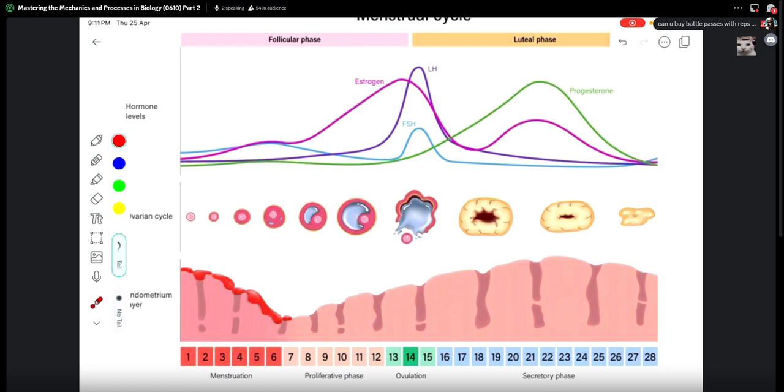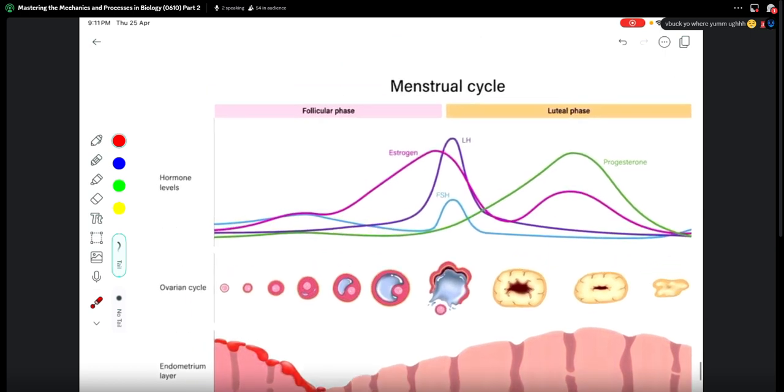So during these 6 days, the uterine wall begins to break down. Since there's no implantation, what is the point of having a thickened uterus when there's no function anymore? Now we look at the hormone level.